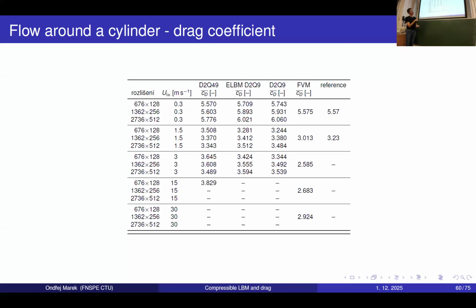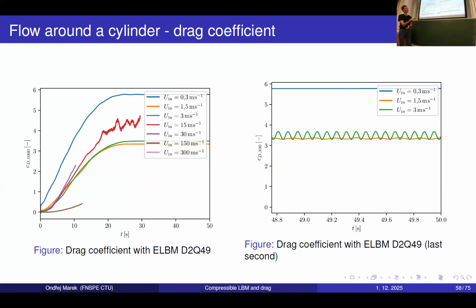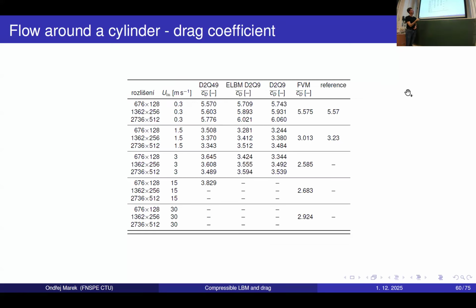And the drag coefficients are not taken just as an approximate, but as the mean value after the flow stabilizes, so from 25 seconds to 50 seconds, so that the harmonic oscillations are averaged.